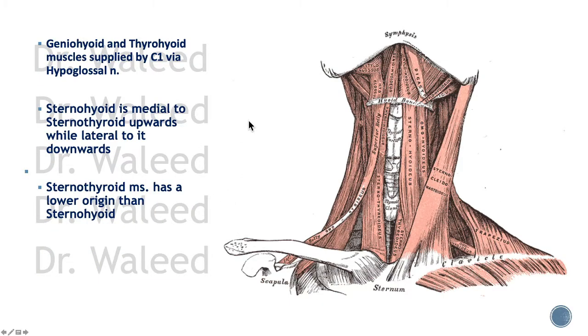Other remarks. The geniohyoid and thyrohyoid muscles are supplied by C1 via the hypoglossal. There's another question that you will encounter in many of the exam models for the USMLE or the MRCS. The sternohyoid muscle, which comes from the back of the sternoclavicular joint and goes to the inferior border of the hyoid, this is the sternohyoid, is medial upwards to the sternothyroid while lateral downwards to the sternothyroid.